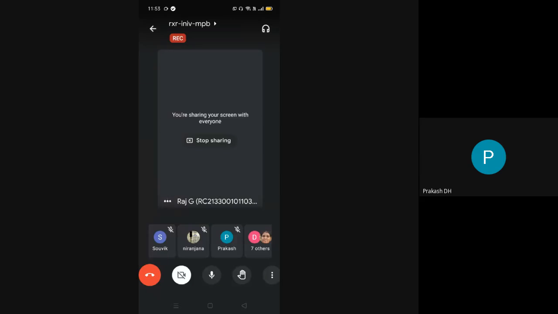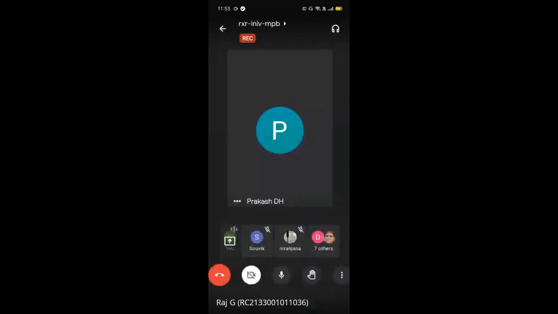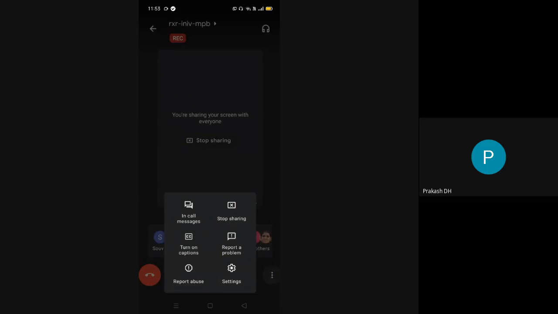Sir, just a minute, sir. Some problems. Raj Gayatri, am I audible to you? Sir, one minute. Are you trying to show it on screen from mobile? Yes, sir. From mobile, you first turn the rotation lock off. It's already on, so remove that lock.